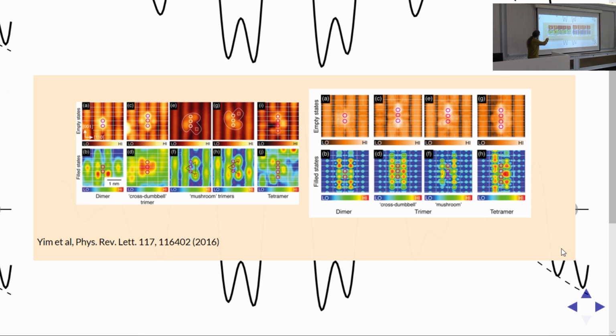So these are experimental images here, empty states, filled states. They can form two oxygen vacancies together, which should have 4 electrons around them, and then a trimer, different types of trimer, tetramer. And so the oxygen vacancies in the tetramer, they're all about, I don't know, 2.5 angstroms across. So that means that this bit of the central image is something like 1.5 nanometers in length.